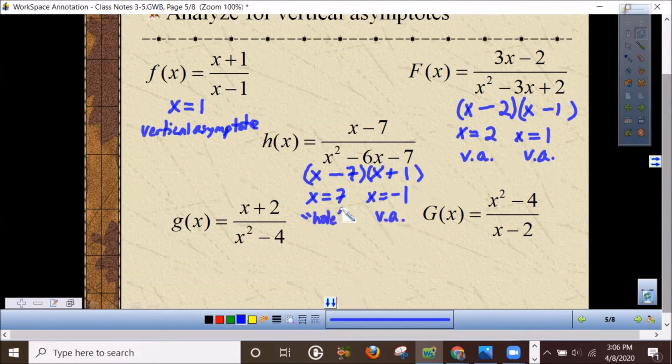at x equals 7. And what is it that makes x equals 7 so different from x equals negative 1? Well, here's the key. X equals negative 1 only makes the denominator equal 0. But x equals 7 makes both the denominator and the numerator equal to 0.